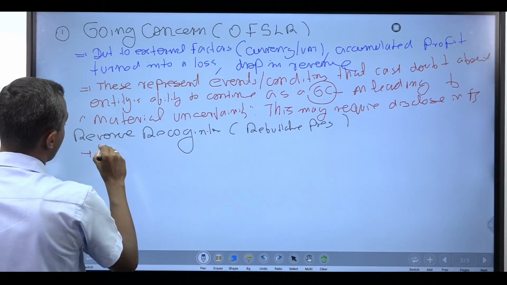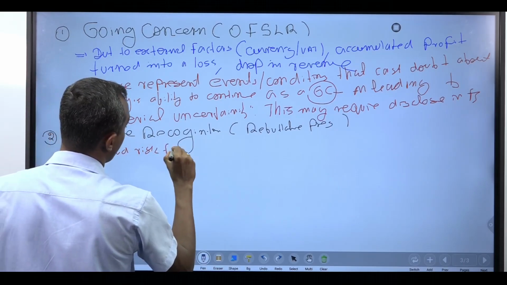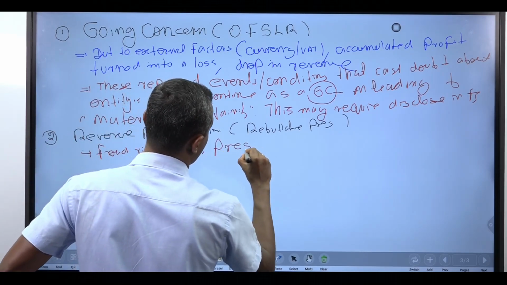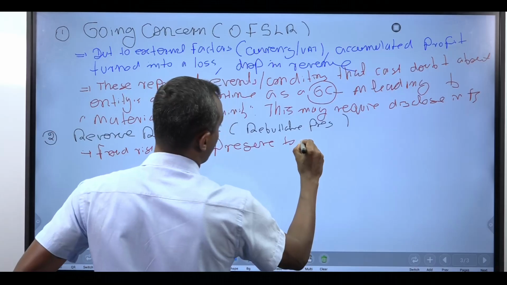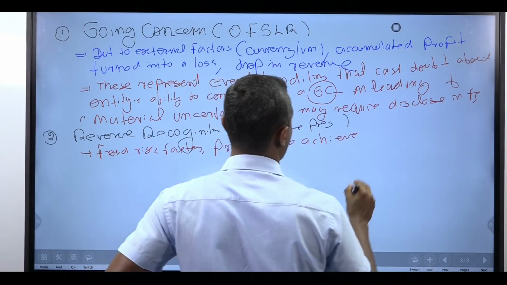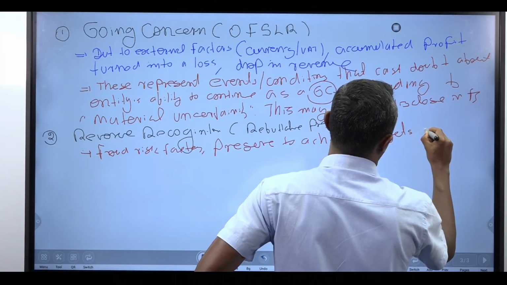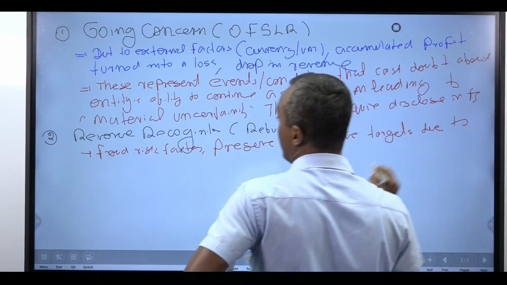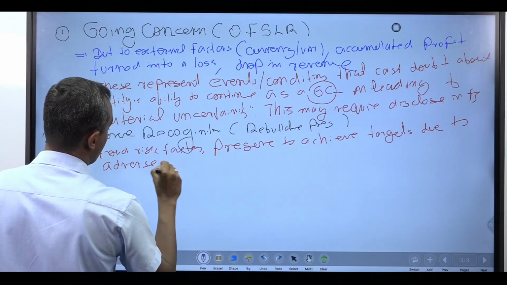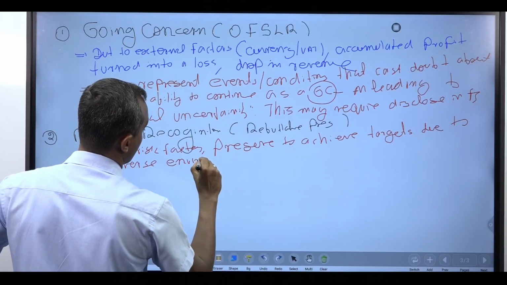One reason is fraud risk factors, and that is pressure to achieve targets, which is hard due to the adverse external environment, right?